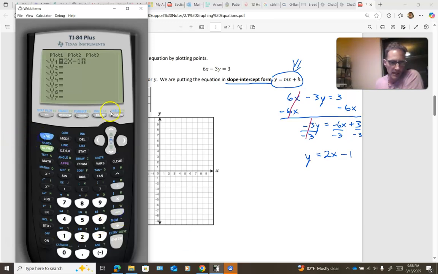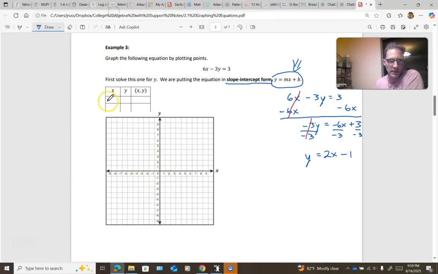Now I'll go to my table. I'm just going to look for a couple ordered pairs. 0, -1. I'll go ahead and take that one. And right here I'm just going to say from table and the calculator. All right, now I need to get another ordered pair.